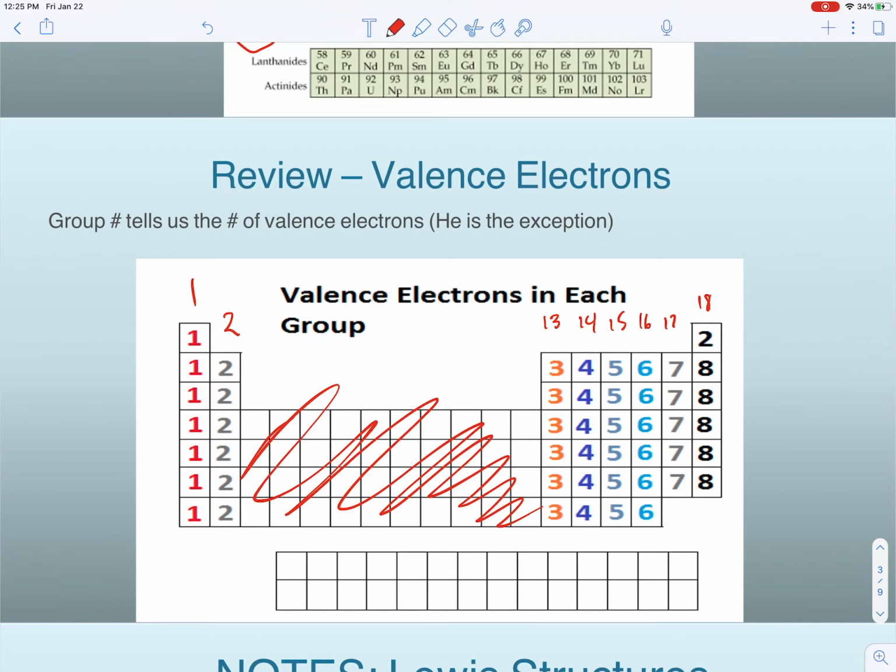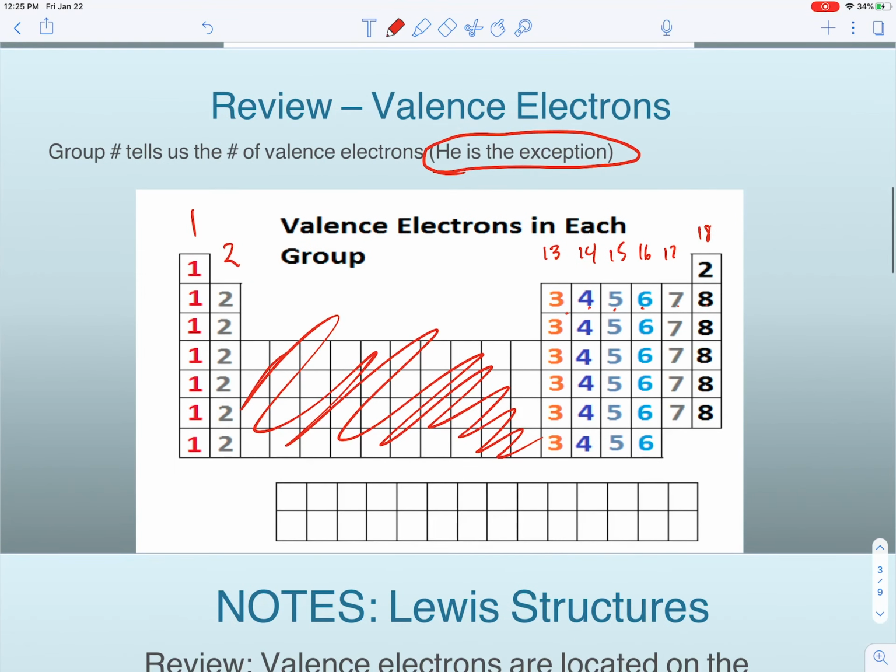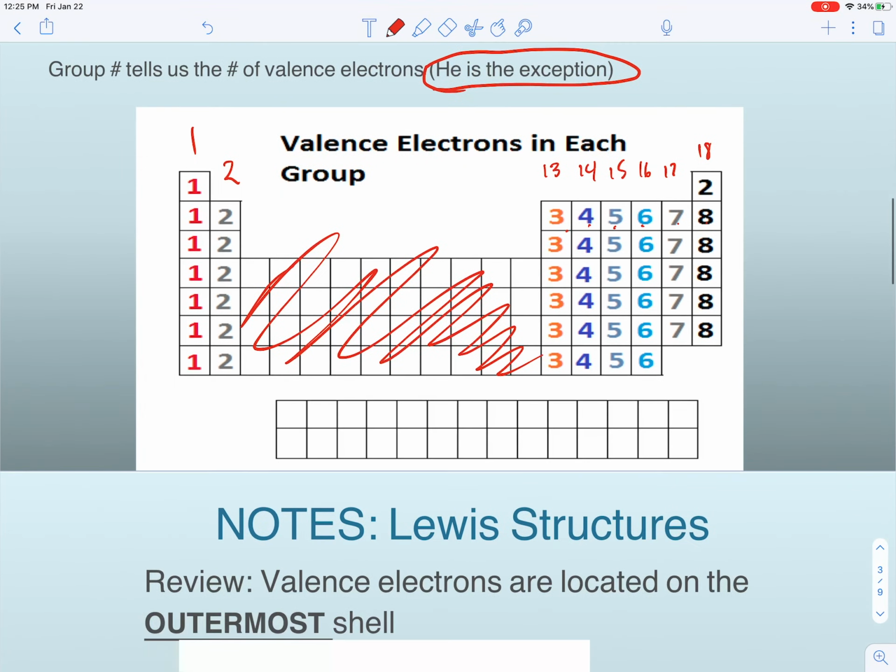Don't forget that helium is an exception. Even though it's in the last column, helium only has 2 valence electrons. So it goes 1, 2, 3, 4, 5, 6, 7, 8 valence electrons. Remember, 8 is the maximum number of valence electrons that you can have.